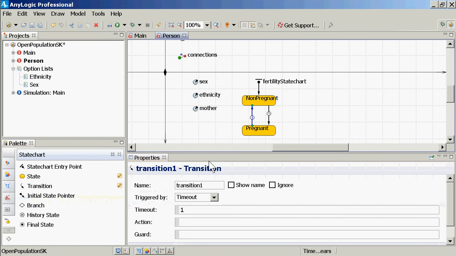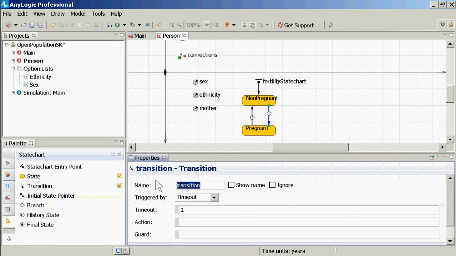So tell me, ladies and gentlemen, for this transition from non-pregnant to pregnant, I'm going to call it becoming pregnant. I'm going to show the name, and we're going to set it so that we want it to go off at a certain fertility rate. So it's the rate given by a fertility rate per year chance of becoming pregnant.